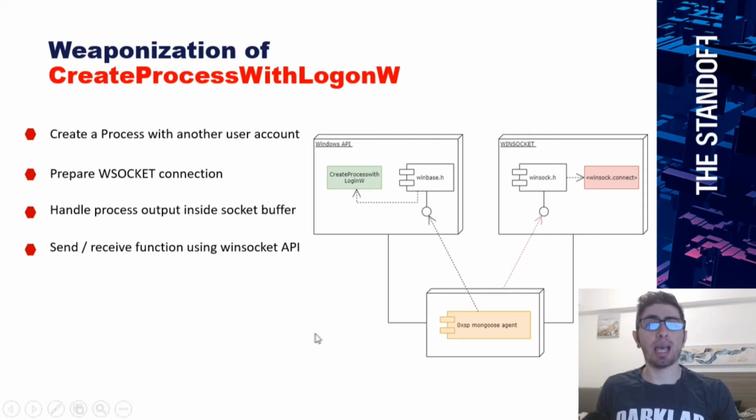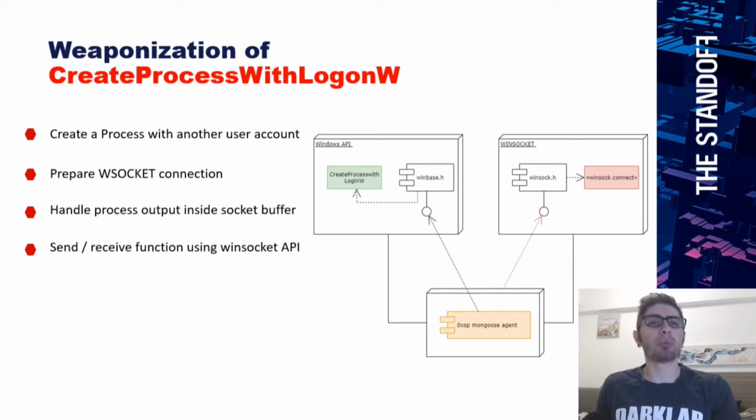But how does that happen? When you're creating that process, you can actually redirect the output and the input of the CMD or the process into a socket, and receive and send these results to a specific address you specify. So in this case, you already spawned a reverse shell.